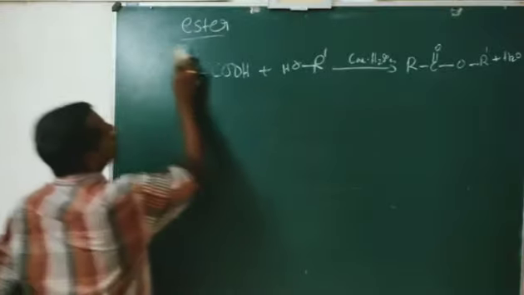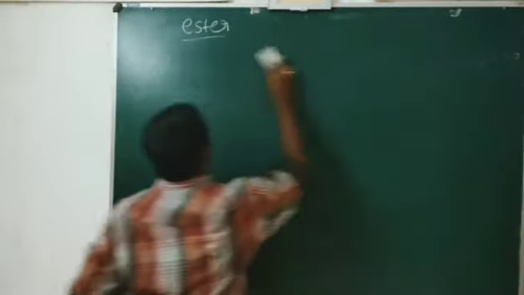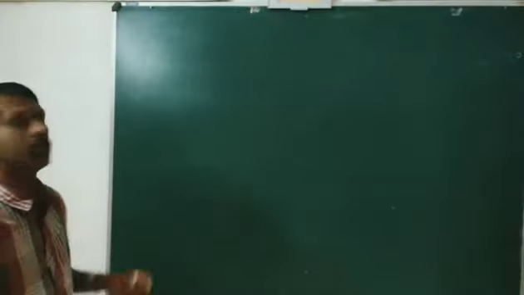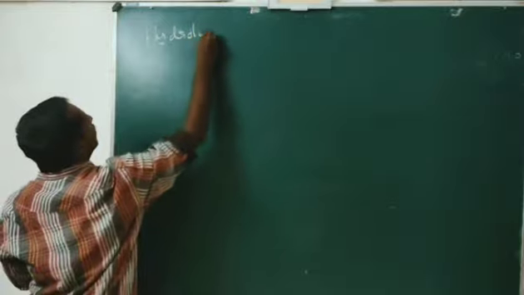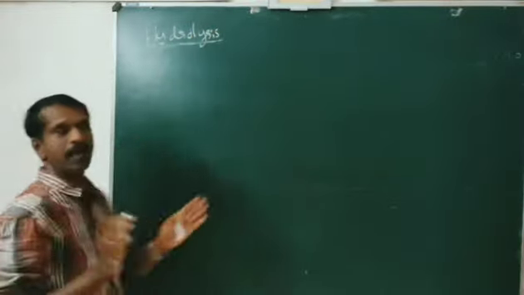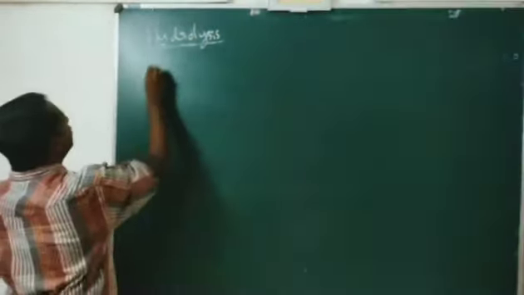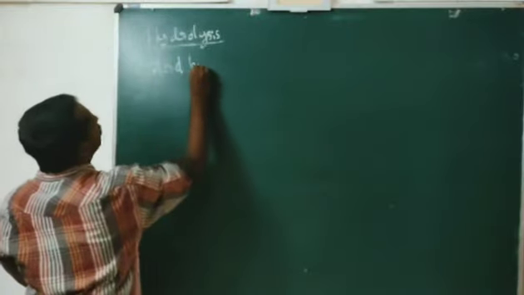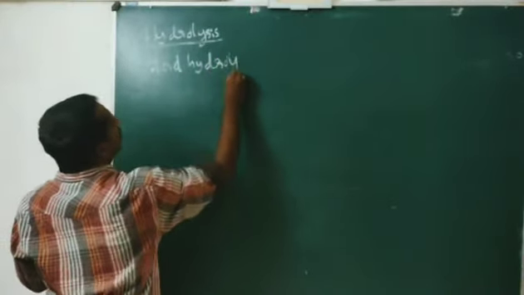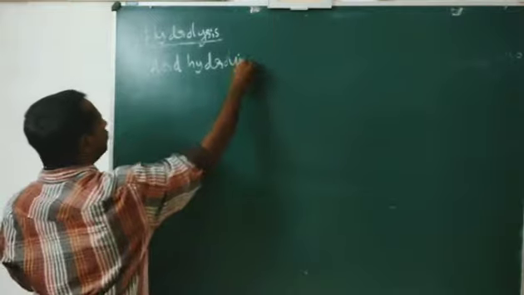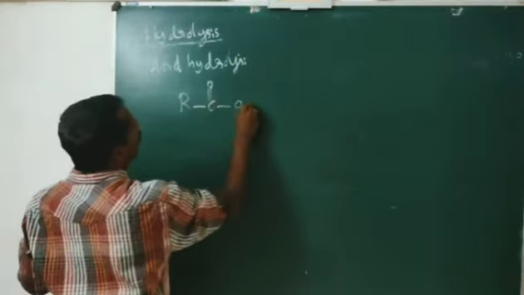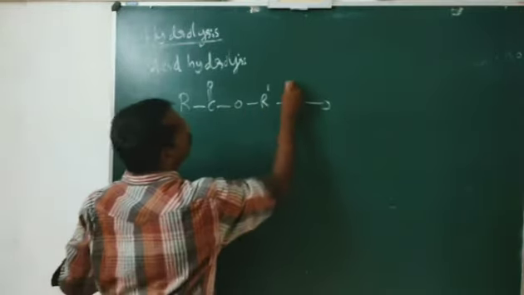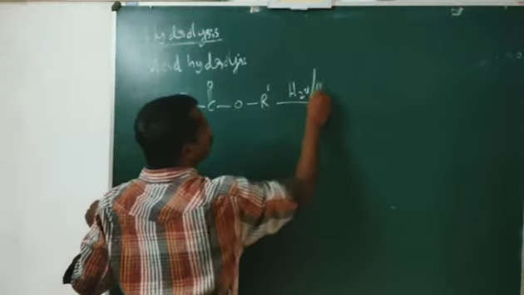Now, reactions of ester. The important reaction of ester is hydrolysis. In hydrolysis, there are 2 types. First one is acid hydrolysis. That means the ester is hydrolyzed by H2O in presence of acid.